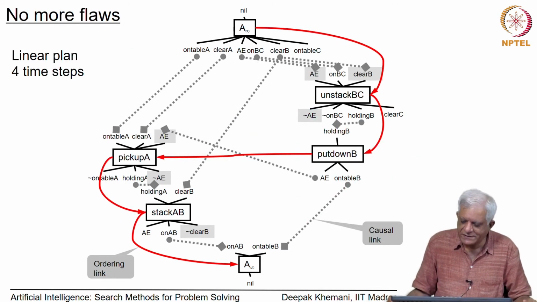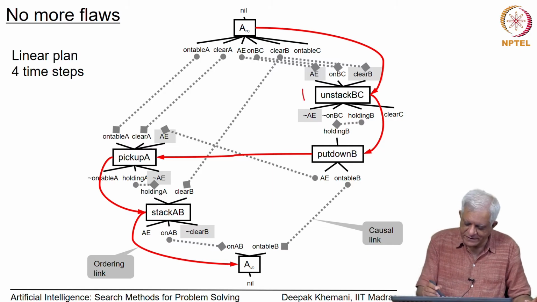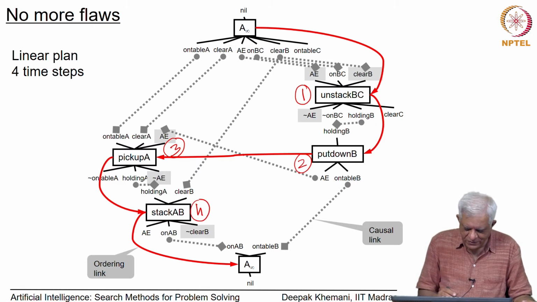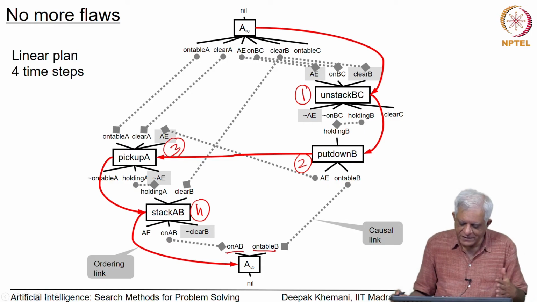There are other ordering constraints that we spoke about, but eventually what this produces is a plan which happens to have a linear structure, which says that the first action that you do is unstack B from C, the second action you do is put down B, the third action you do is pick up A, and the fourth action you do is stack A on to B. So, at the end of it you have A on B and you have B on the table, and this is the plan.